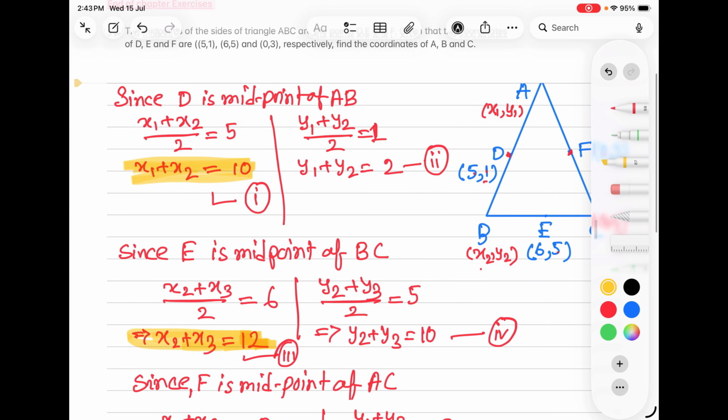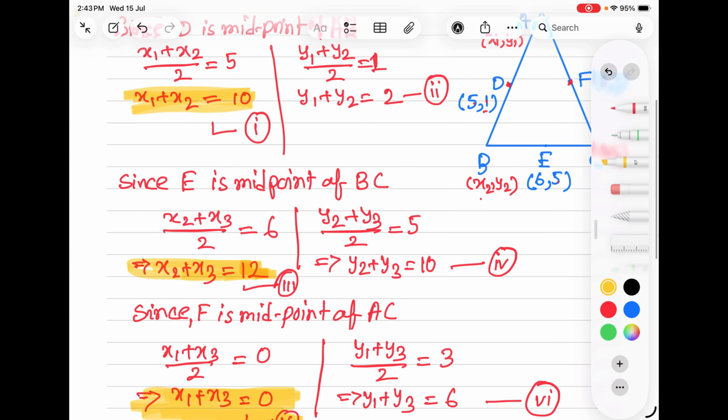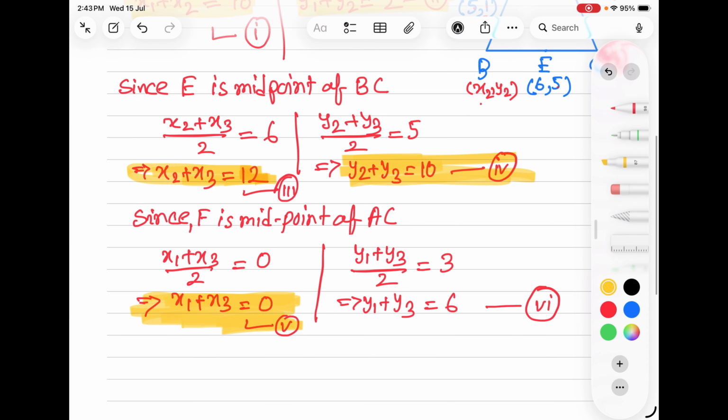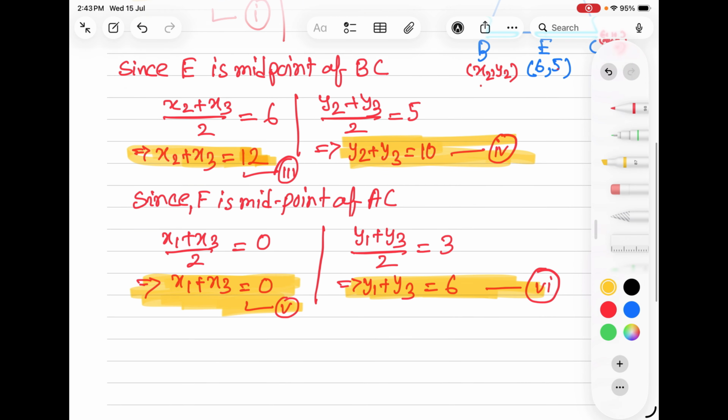In the same way we add the y coordinates, from the second, fourth and sixth equations, separately.